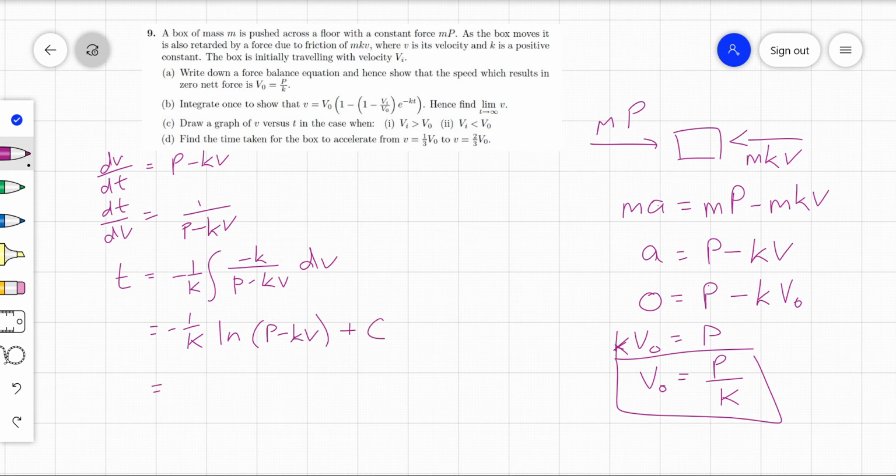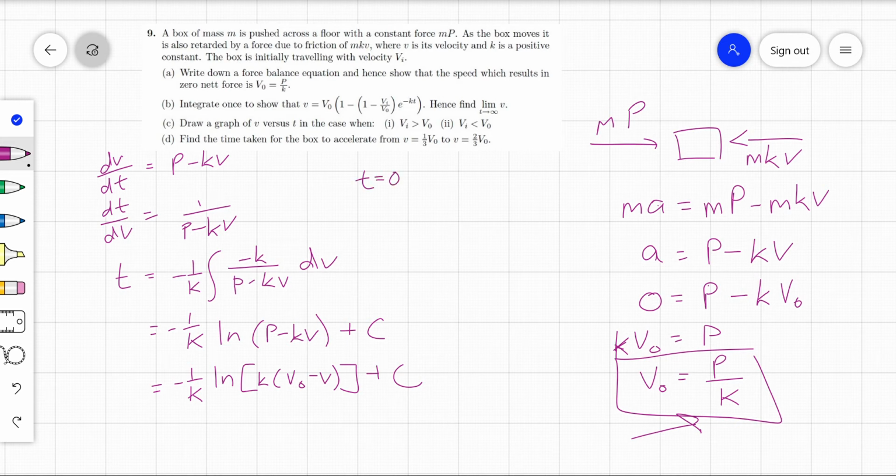Now, I can see the equation I'm looking for certainly does not have a P in it. So I might change that P now using this equation. So P is kv0. So let's put a kv0, and I'll factorize by that k at the same time. Alright, so how to find the c? So we know the initial velocity.